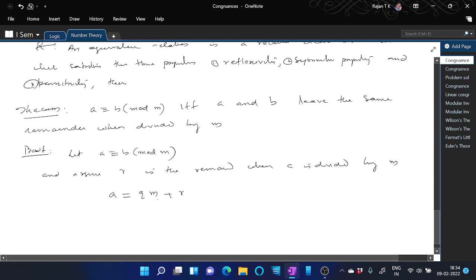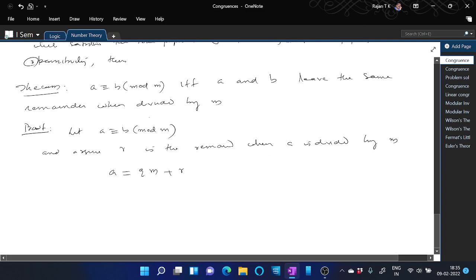A is equal to Q into M plus R. And we have to prove if A is congruent to B mod M, then the remainder when B is divided by M also is R. Here this R is such that 0 is less than or equal to R, less than M.